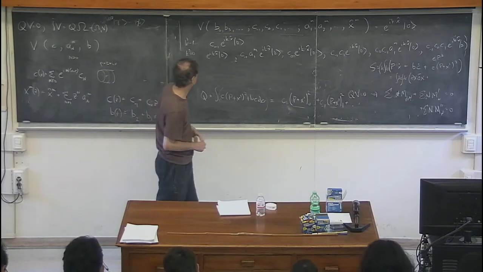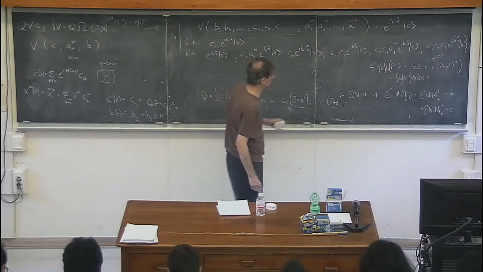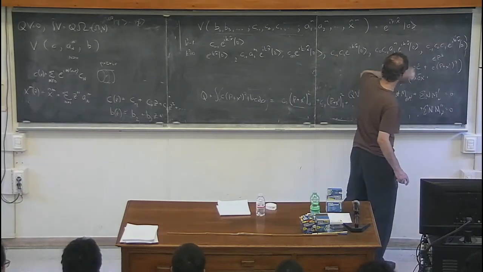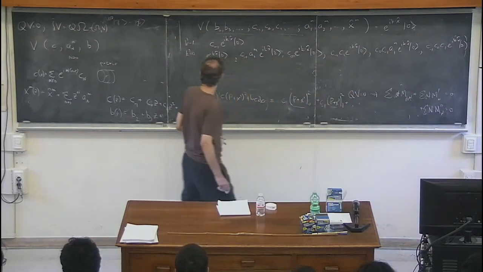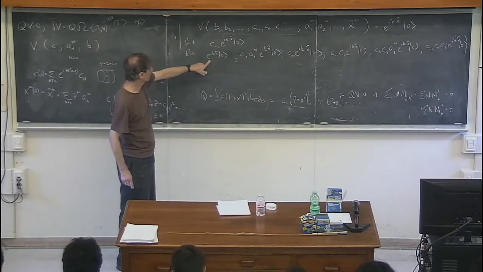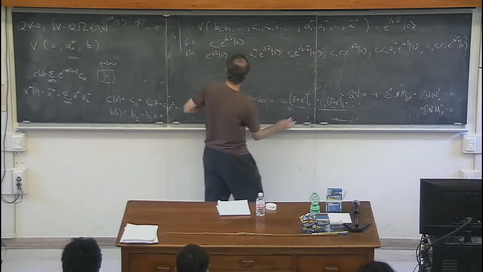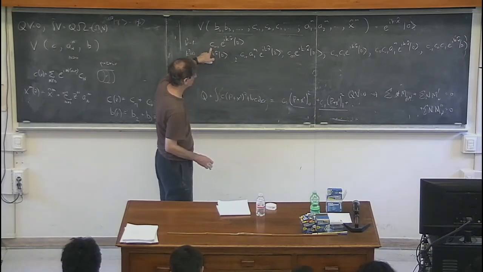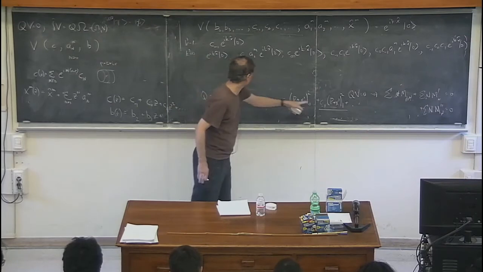For these states, you'll find, so this state has no C's in it. Okay, so this term here, of course, it annihilates this one because C minus 1 squared is 0. But on this one, it doesn't annihilate it.